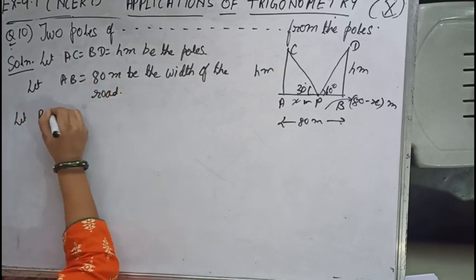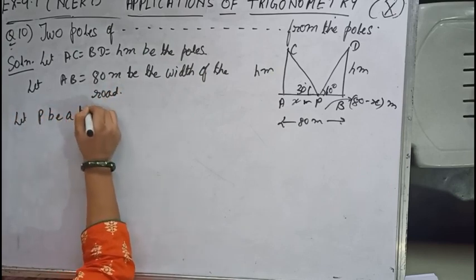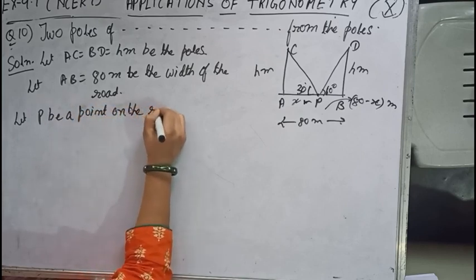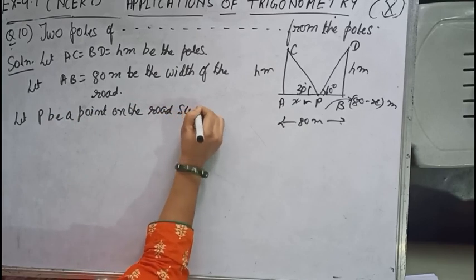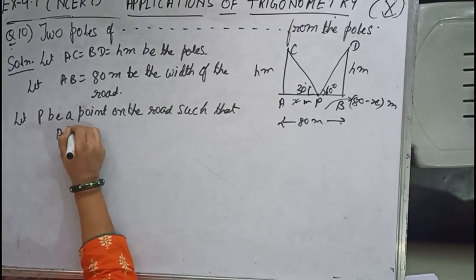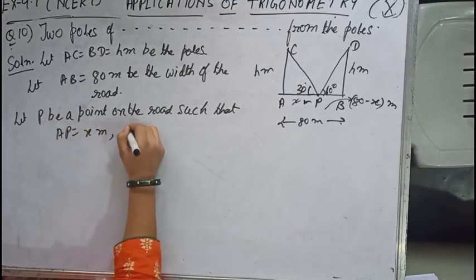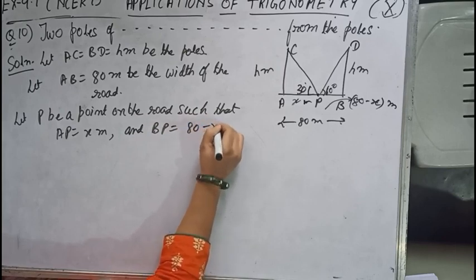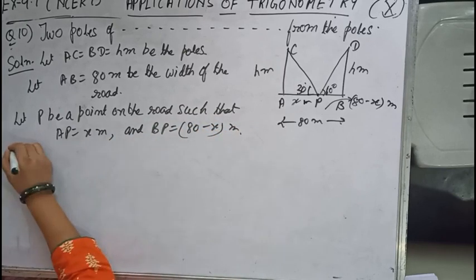Let P be a point on the road such that AP equals, we have supposed, x meter, and BP equals 80 minus x meter.